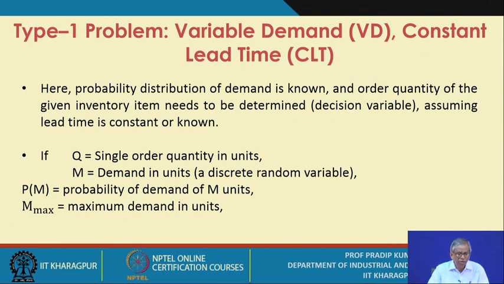Whenever you say that the problem is under risk, that means the probability distribution of demand is known. Now this demand is a random variable, and obviously it could be a discrete random variable, or it could be a continuous random variable.